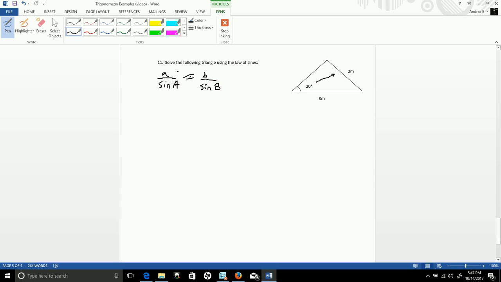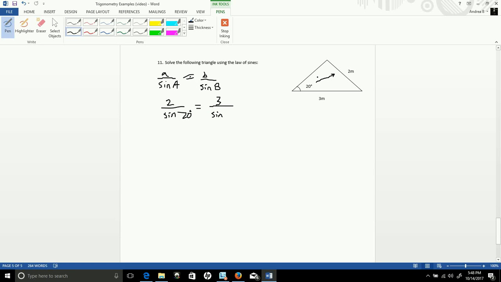The little letters, the lowercase, remember, represent the sides, uppercase represent your angles, and it's always the angles that go with your trig function. So here in this case, for instance, we could set this up as 2 over sine of 20 degrees is equal to 3 over sine of the angle opposite of that.